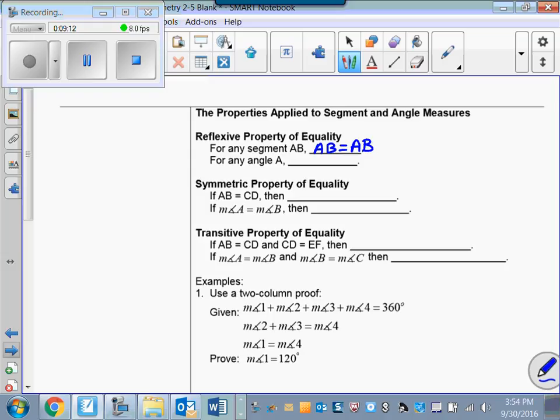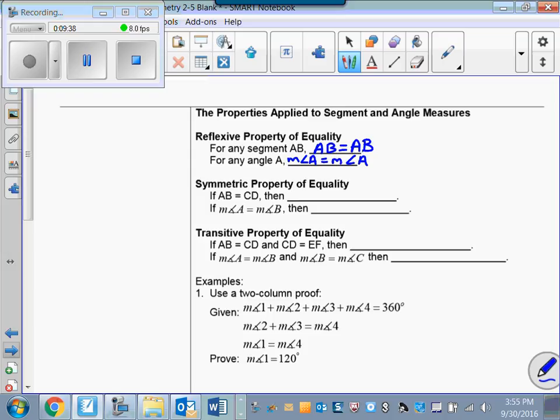For any angle A, we know that the measure of angle A equals the measure of angle A. Oh, I'm sorry. I thought we were looking at congruence properties, but these are just the properties that we looked at a minute ago applied to segments and angles. So my fault. These aren't the congruence properties yet.